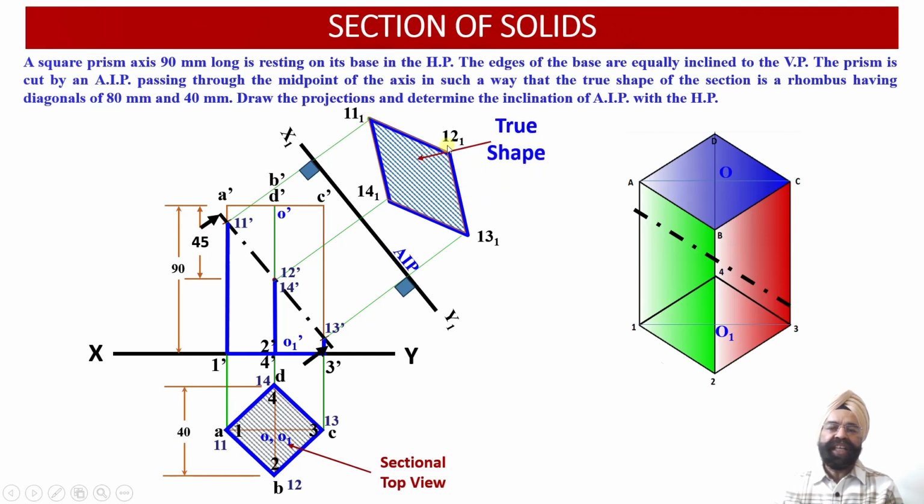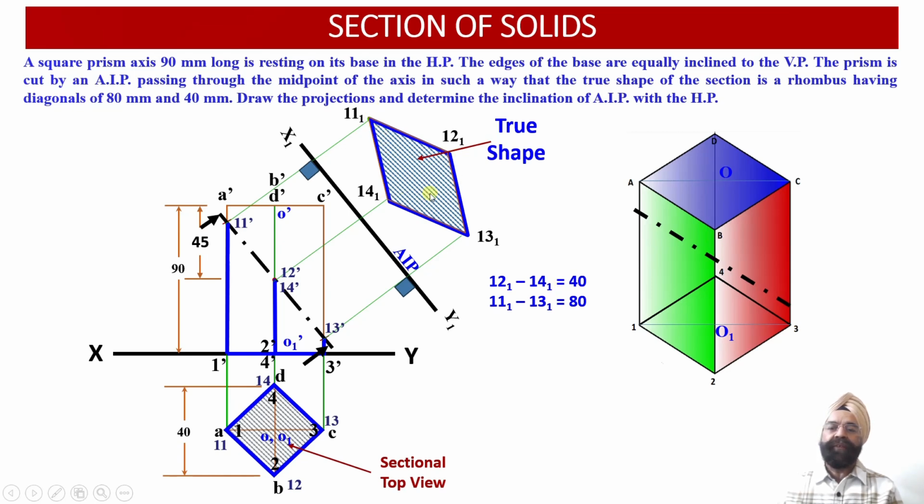And the distance between 12.1 and 14.1. So please check. Distance between 12.1 and 14.1 is equal to this distance. That is distance between points 2 and 4 or distance between the points B and D, which is equal to 40 millimeter. So now we can see distance between 12.1 and 14.1 is equal to 40 millimeter.